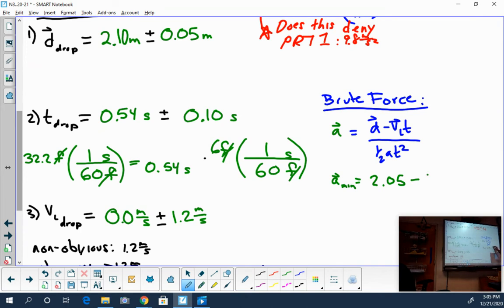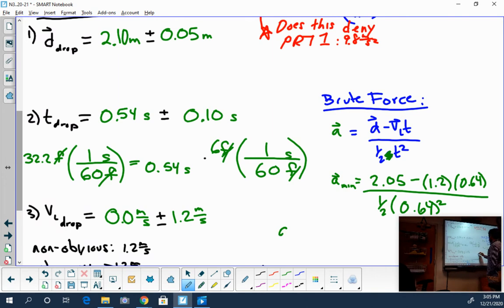So take VI as 1.2, and make the time as big as possible, which would be 0.64 over 1/2, I'm sorry, no A in here, my mistake, just 1/2 T squared. Now, if you want A small, you want T big, so put T as big as possible down here, 0.64 squared. And you're going to get a number here.